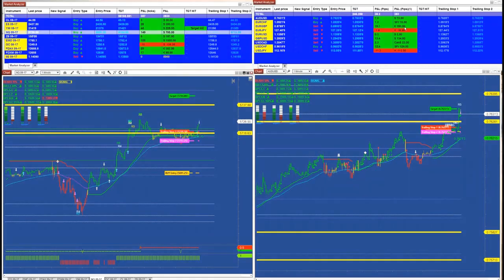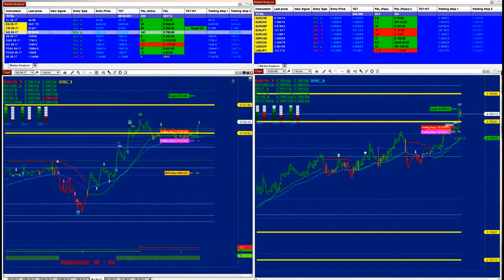On the NASDAQ, it's not unusual on the swing trading to nail 100 ticks. I'm not saying you're going to be making 100 ticks every day. Do not understand it that way. But it's not unusual to get 100 ticks on the NASDAQ.